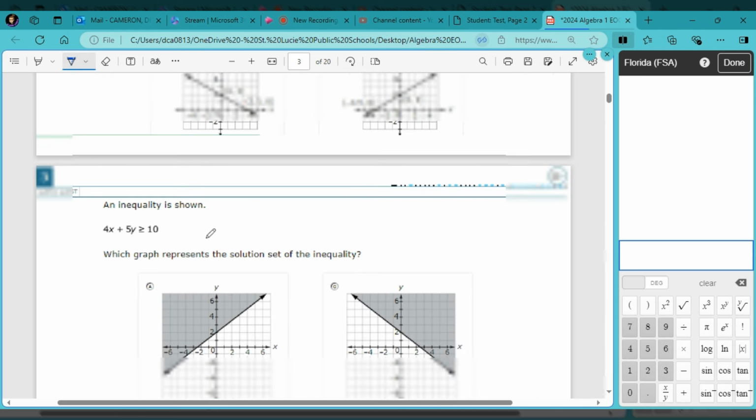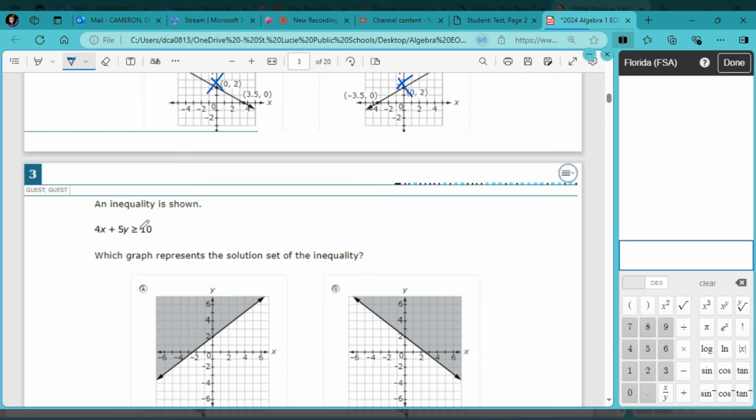So we can still find our x and y intercepts like we did on question number 2. Let's see. What is x when y is 0?